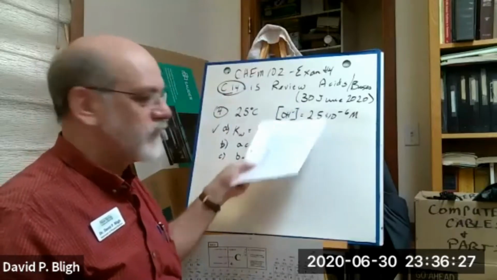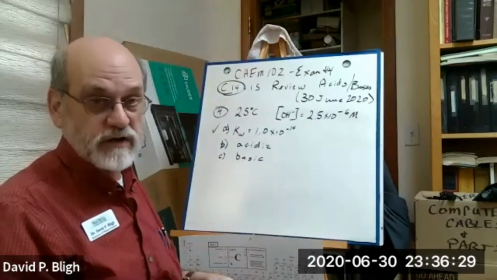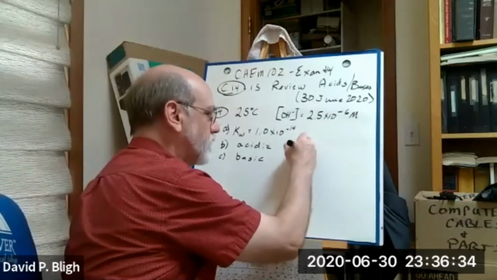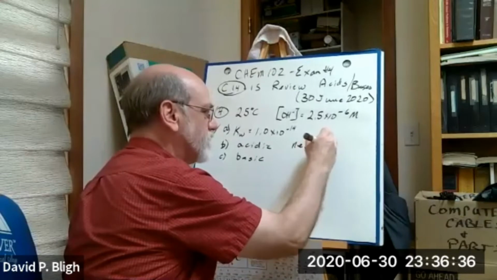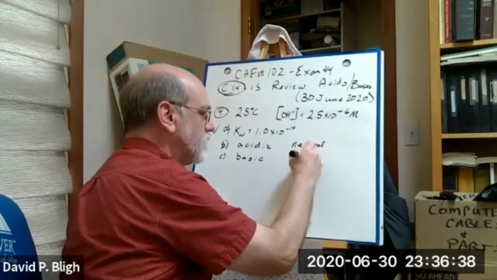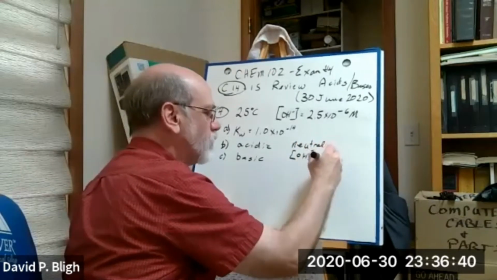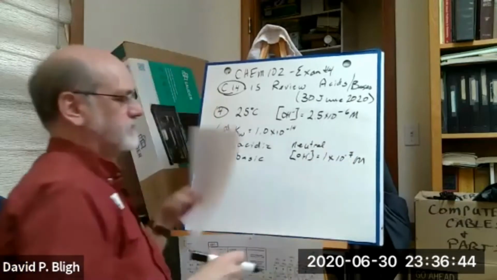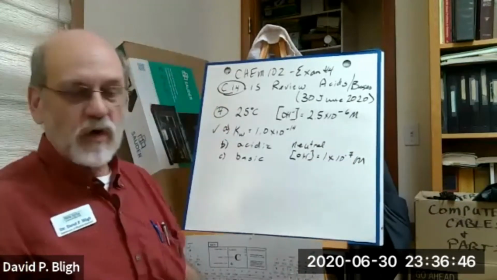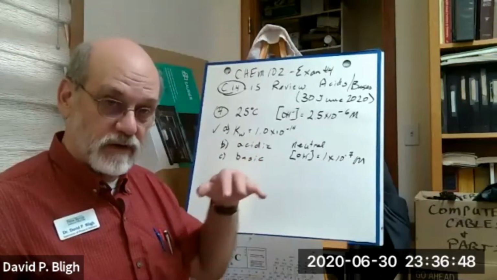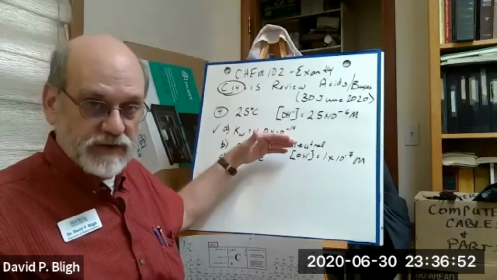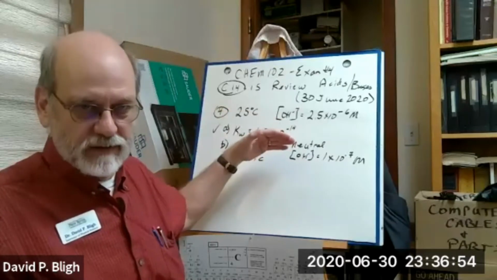What is the neutral value for hydroxide concentration in water? In pure water, the neutral concentration of hydroxyls is equal to 1 times 10 to the minus 7 molar. So if we find a solution that has a higher concentration of hydroxyls than this, the solution is basic.